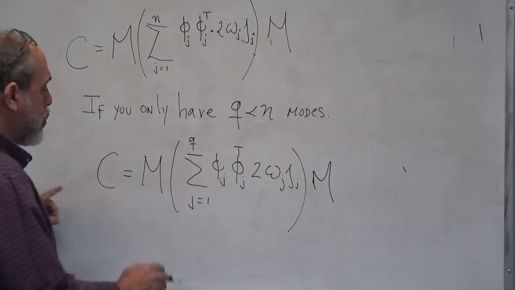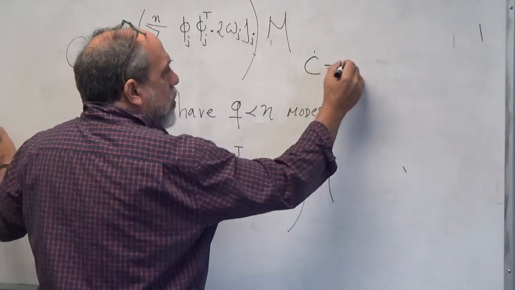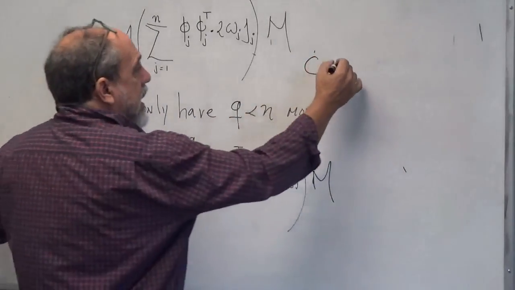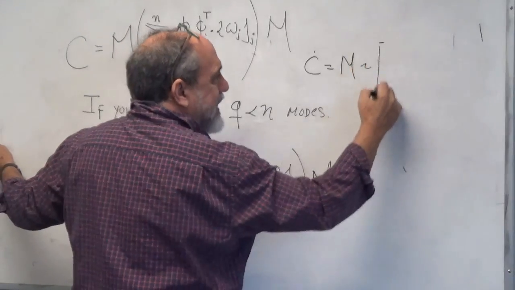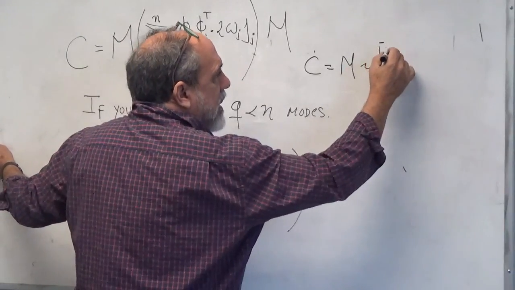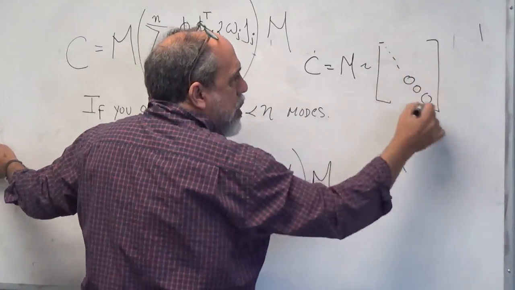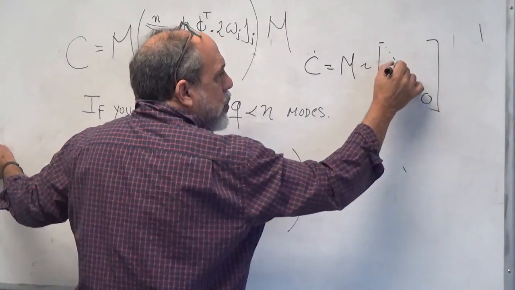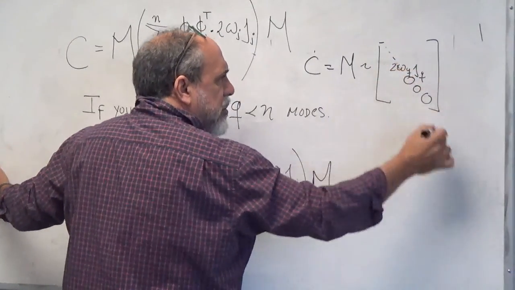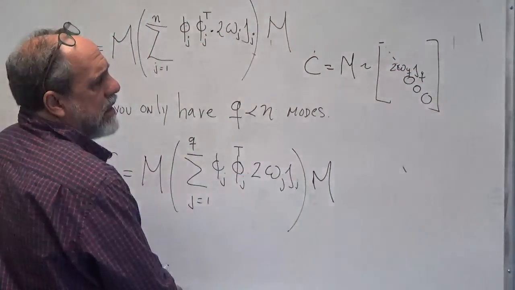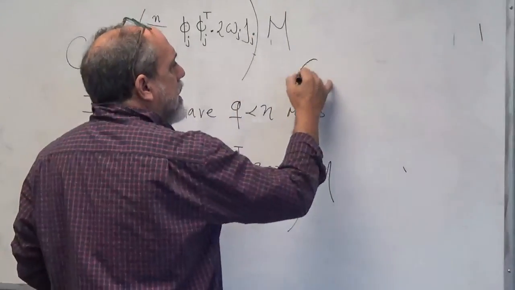Because if you go to the original equation, C equals M whatever, when you look at the D, if this was 2 omega Q psi Q, if you were to put zeros afterwards, let me make it a little bit bigger.